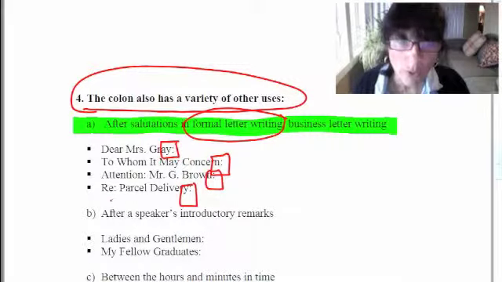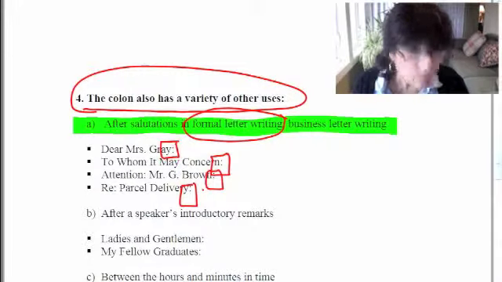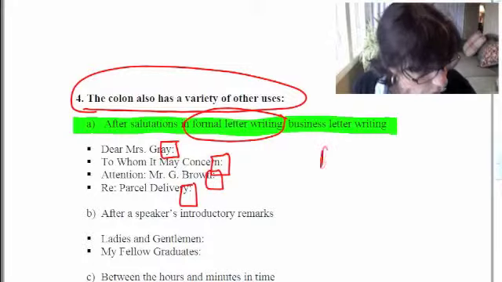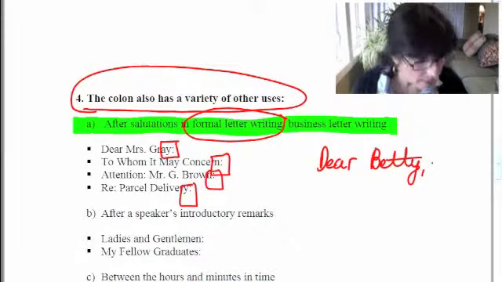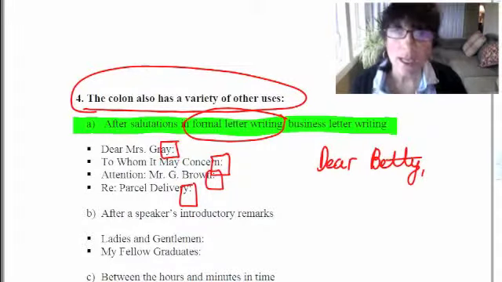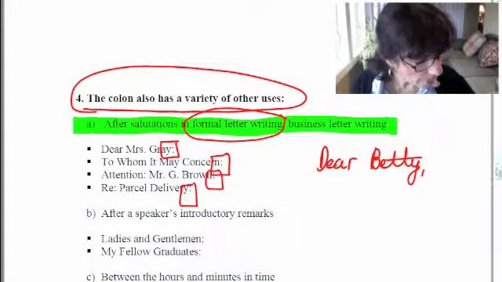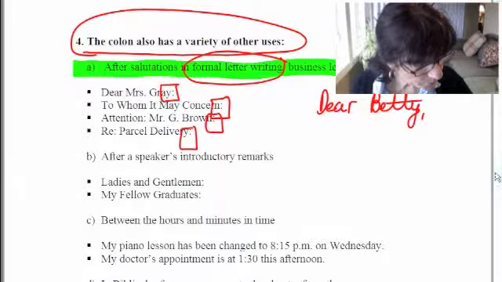Re means about, regarding, and then you'd say parcel delivery and the colon. Now, if you were writing a personal letter to a friend, say your friend John, or Betty, you'd say, Dear Betty, comma, because it's personal. But as soon as it's a business letter, you put a colon after the salutation.